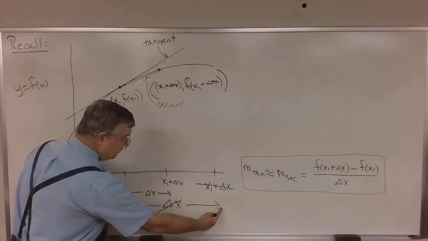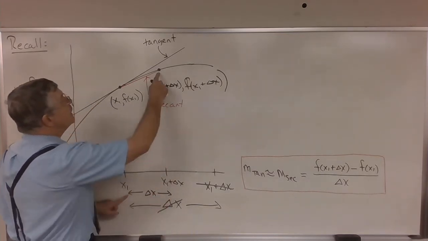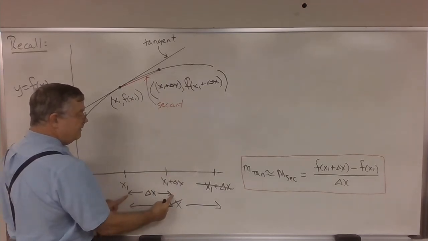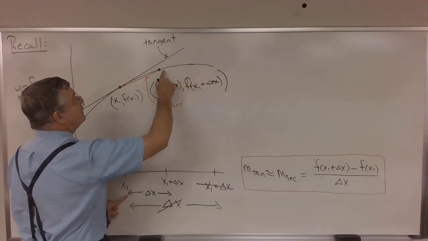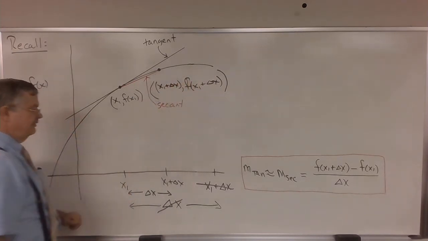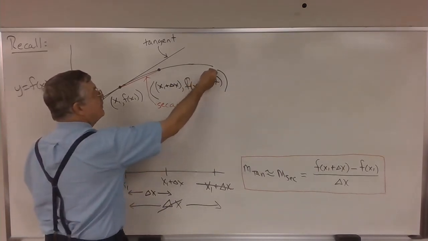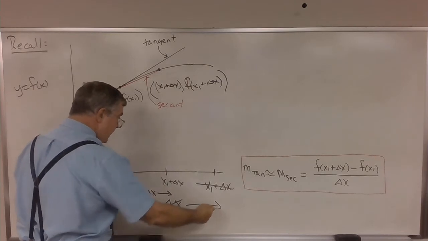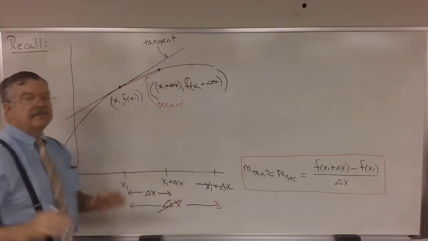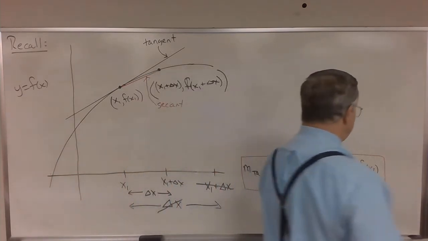Delta x was this big, and then we made delta x this big, and when we made delta x less, that moved the end point of the secant closer to the point of tangency. So moving the end point of the secant closer to the point of tangency and making delta x smaller turn out to be one and the same thing.